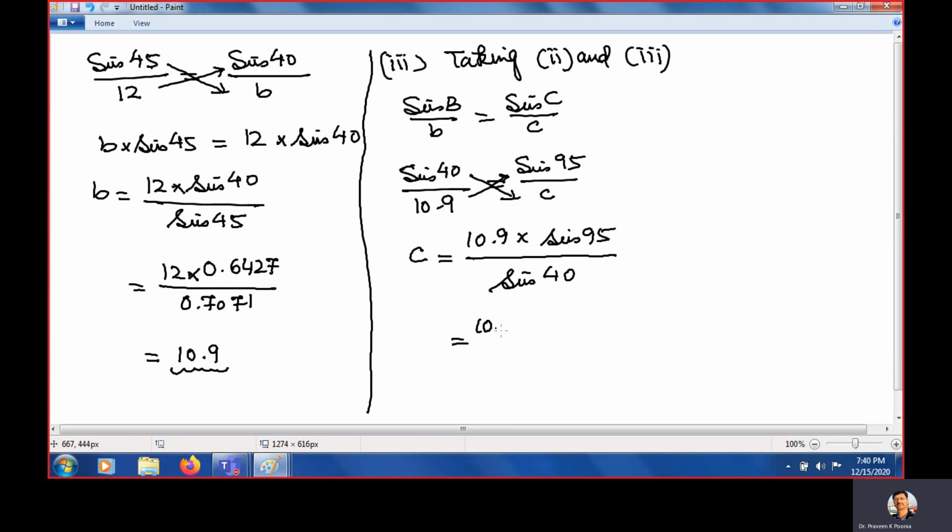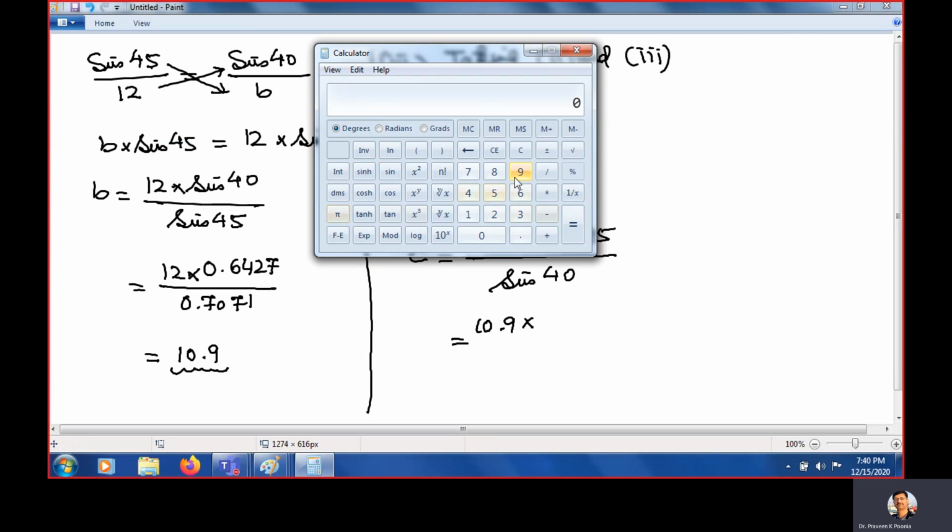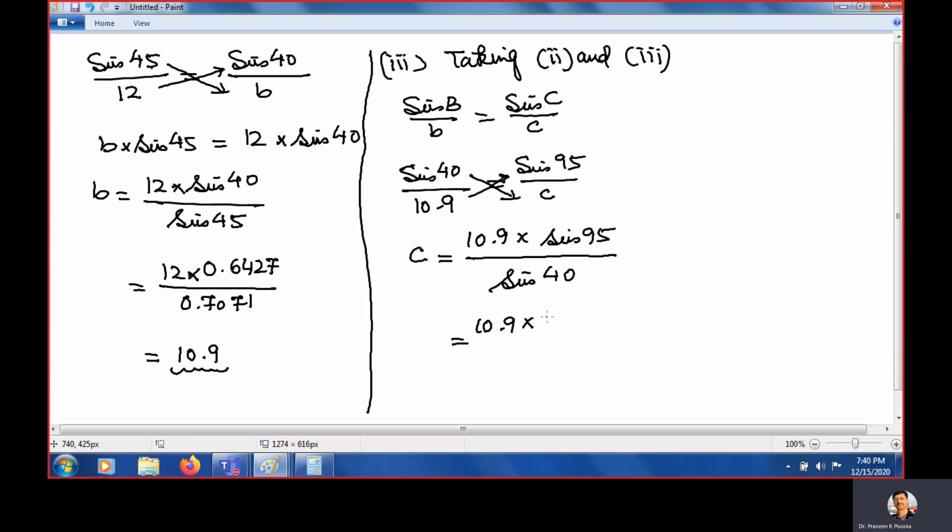Now you need to put the value for all. Sine 95, so open the calculator. 95 and it is sine 0.9961. It is 0.9961 and upon sine 40. Sine 40 we have calculated here. It is 0.6427.